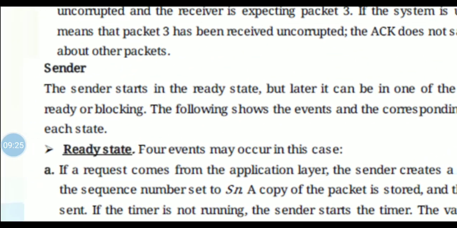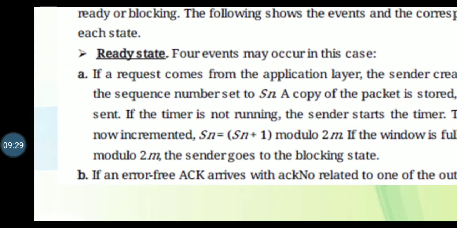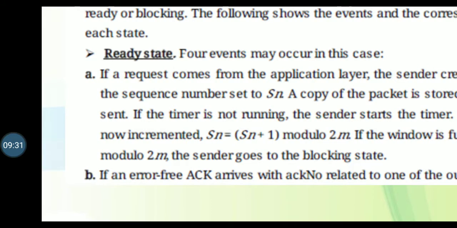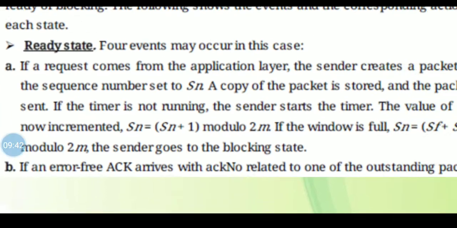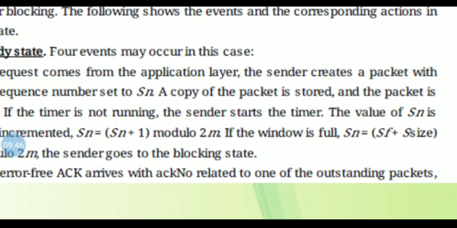Ready state. Four events may occur in this case. First, if a request comes from the application layer, the sender creates a packet with a sequence number set to SN. A copy of the packet is stored and the packet is sent.